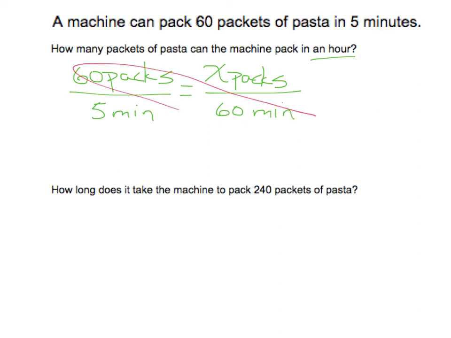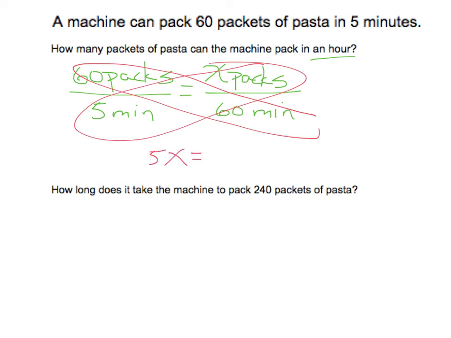From here, cross multiply. So that'd be 5x equals 6 times 6 is 36 plus 2 zeros. And then you divide both sides by 5. That crosses off. And 3,600 divided by 5 is 720 packs.